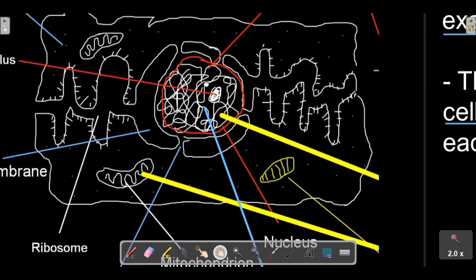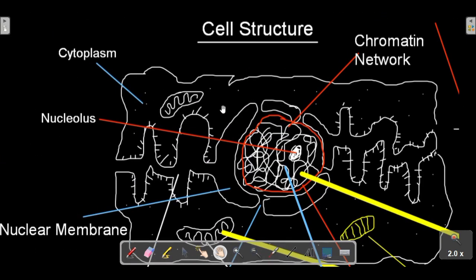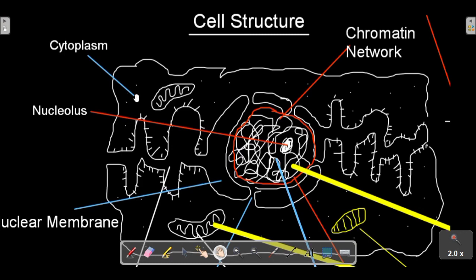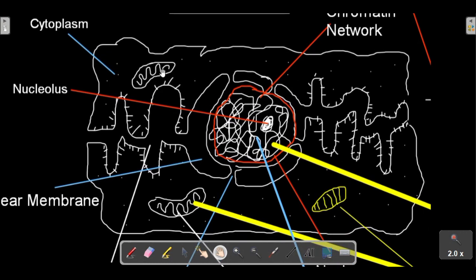And the nucleoplasm is sort of like the cytoplasm of the nucleus, because the cytoplasm's job is to suspend these organelles. Remember, the cytoplasm and the nucleoplasm are both jelly-like substances that suspend organelles.